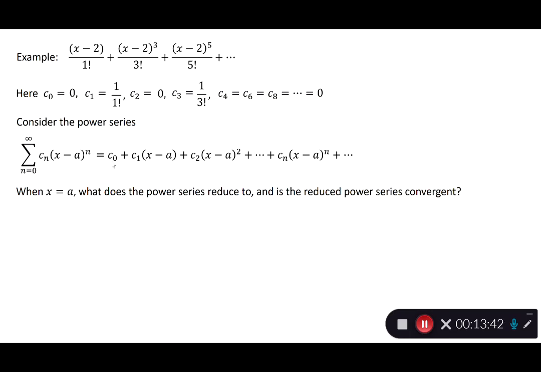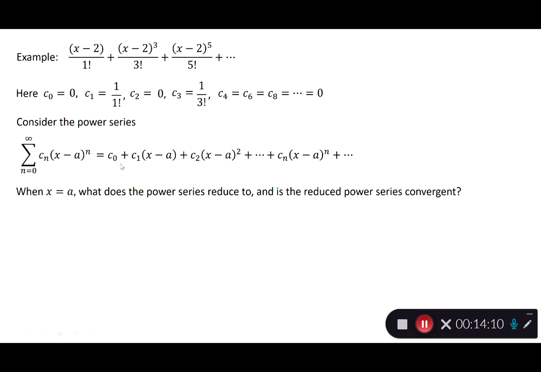Now, can I ask you about the convergence of this series? Does the series converge for x equal to a? Think about it. The answer is, of course, yes. Because when do we say a series is convergent? When the sum is a finite number. What is the sum of this one term, C sub 0?